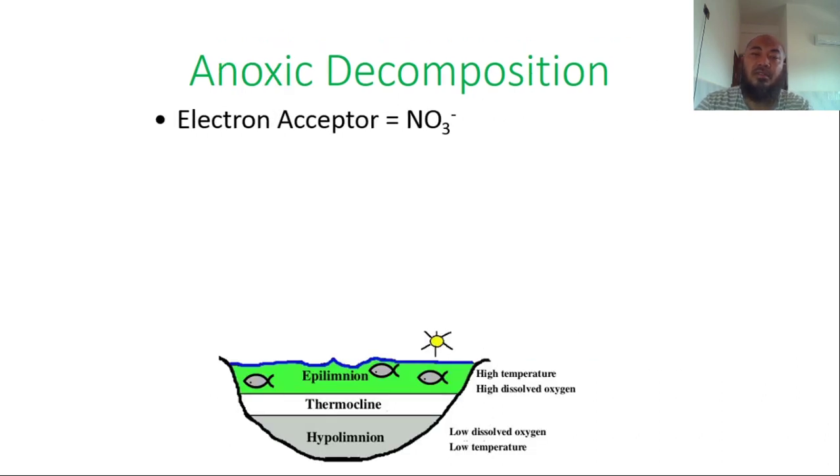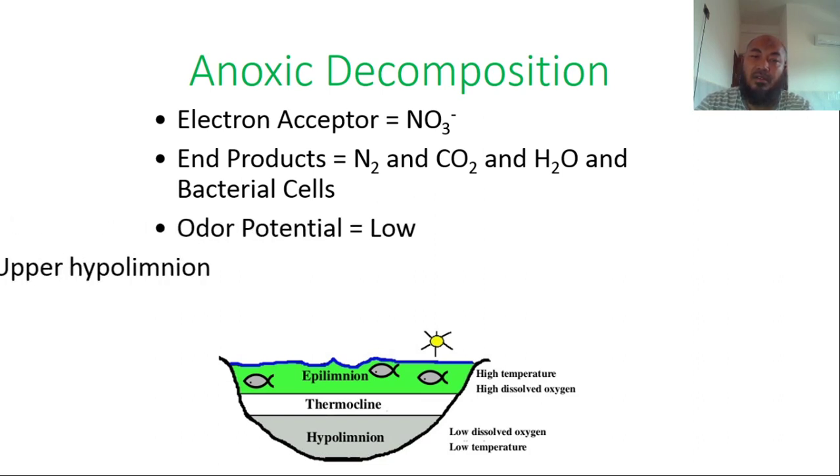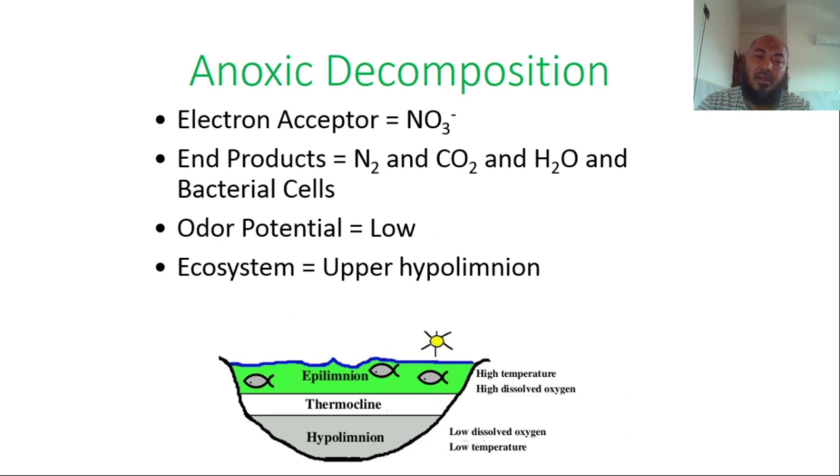Okay, anoxic: the electron acceptor is nitrate. End products will be nitrogen gas, CO2, and bacteria cell. Odor potential is low. Ecosystem: upper hypolimnion. Okay, and in wastewater it is denitrification.